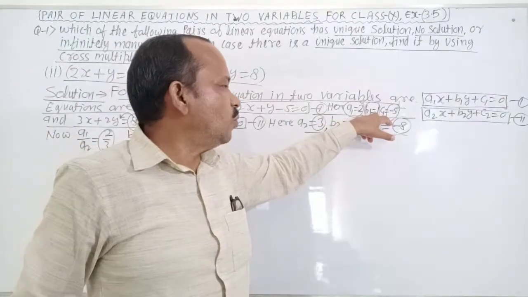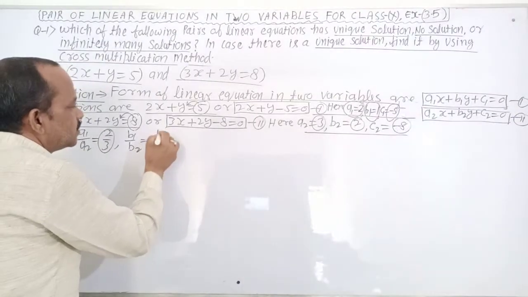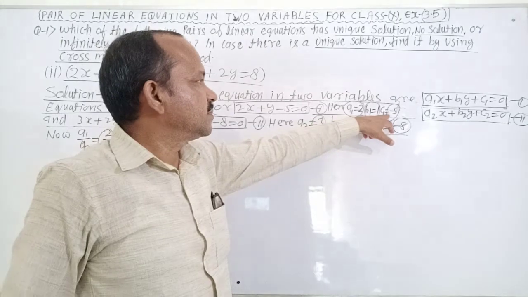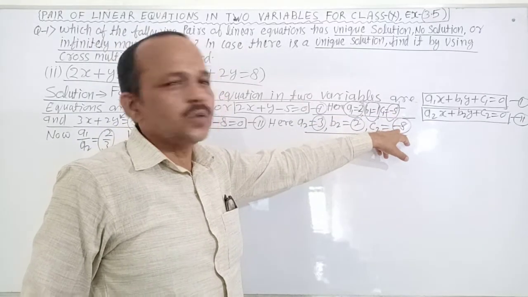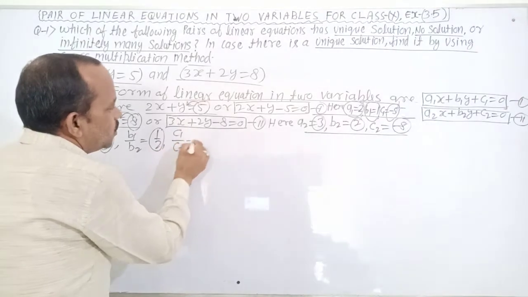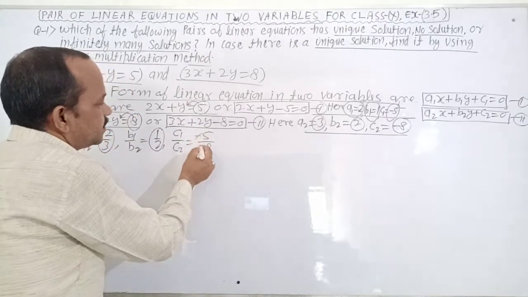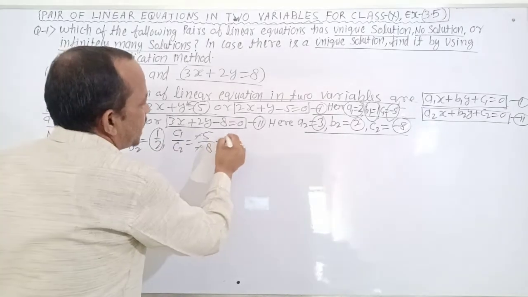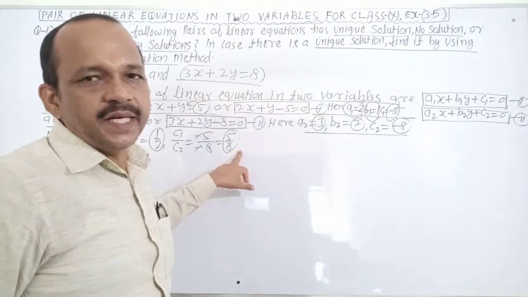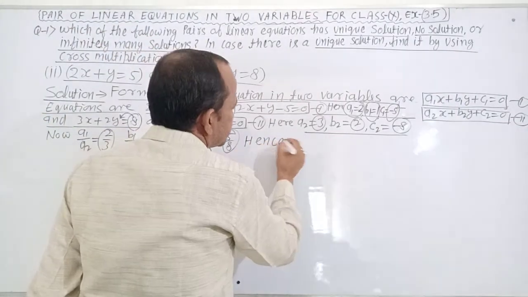Here b1 1, b2 2, 1 by 2. c1 minus 5, c2 minus 8. c1 by c2 minus 5 by minus 8. You can cut minus and minus. It become 5 by 8. It is clear?